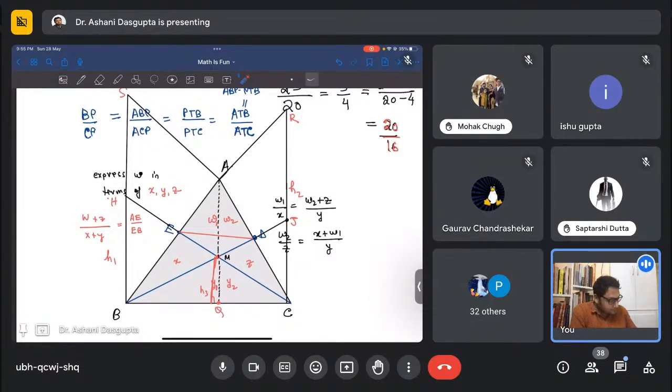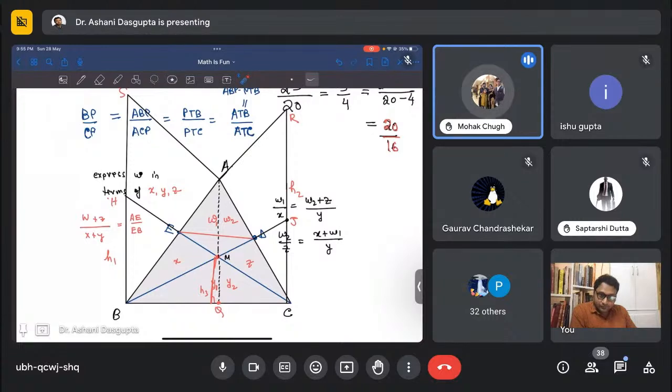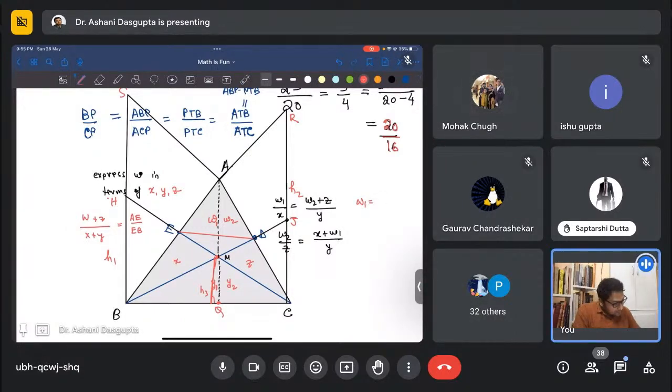Yes, Mohab, go ahead. Okay, so I have an idea. We know that W1 over X equals W2 plus Z over Y. So we get that W1 equals XW2 plus XZ over Y, just taking X to the other side.